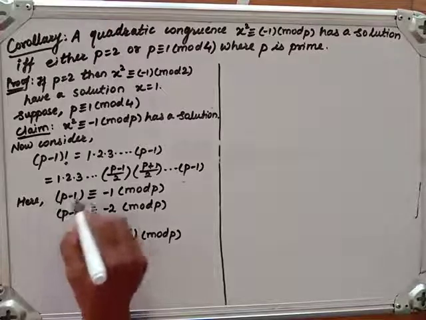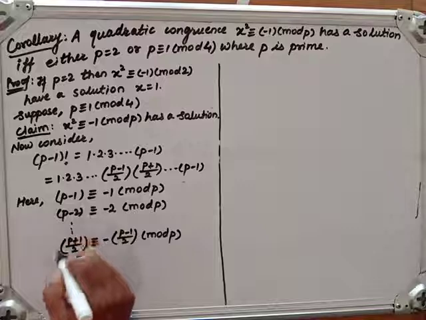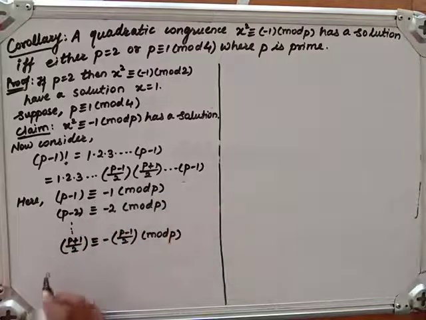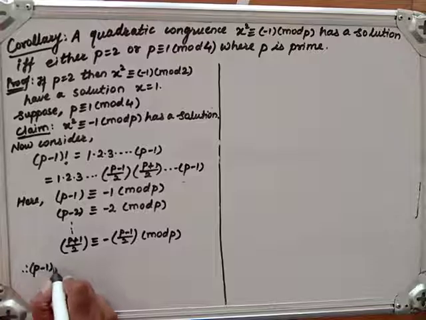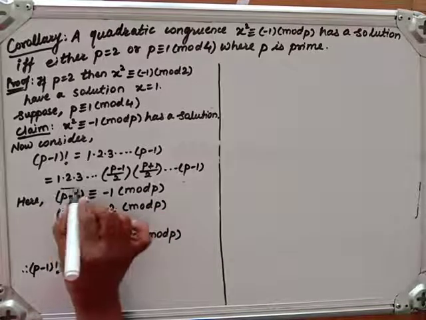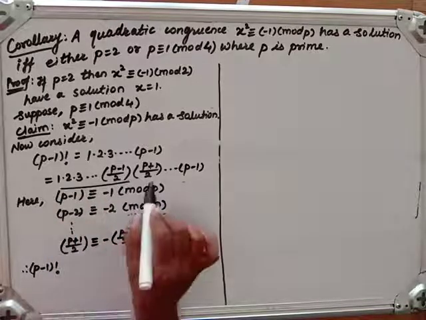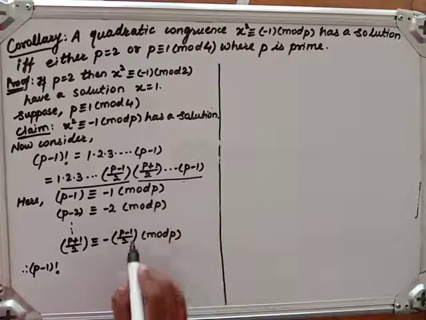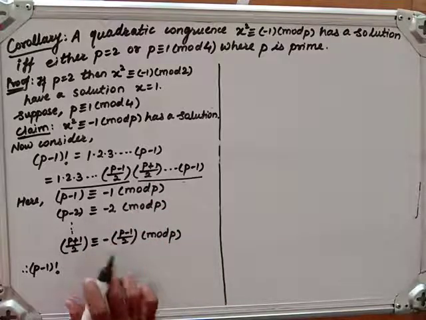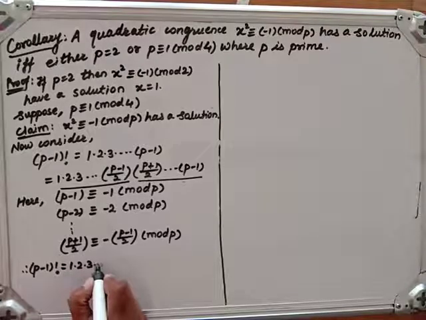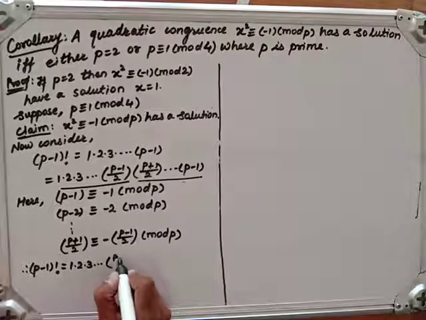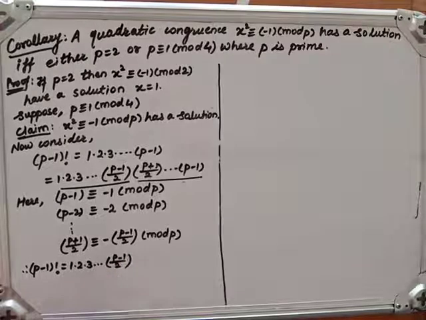Now let us collect these and put them up here. What does it give? Therefore (p minus 1) factorial. These will remain as they are. Now the next half will be replaced by these. So here we get, that is equal to what? 1 into 2 into 3, and so on up to this (p minus 1) by 2 as it is.